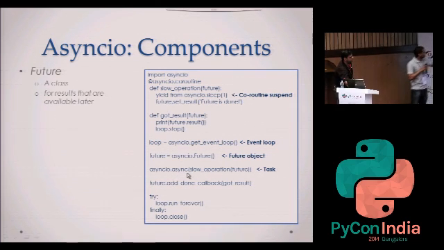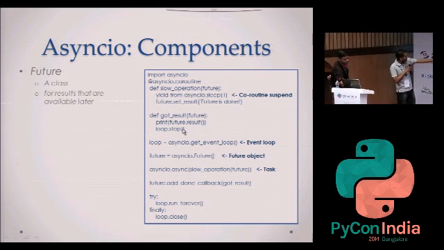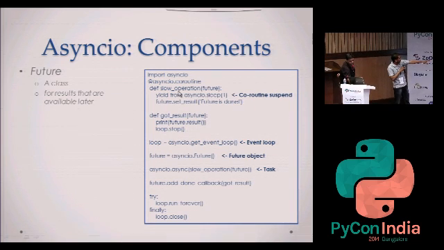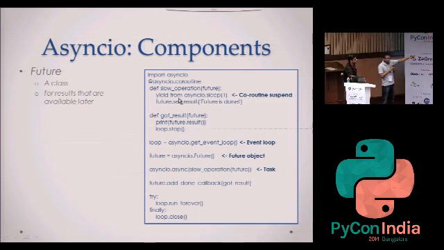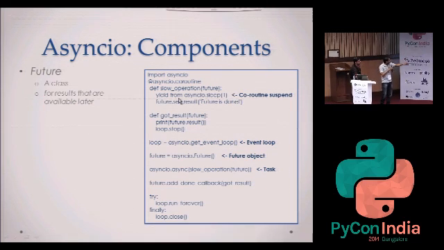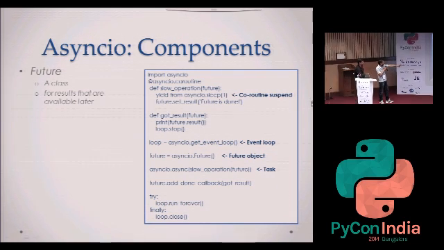That task is actually running a coroutine called slow operation, and we have a yield from statement here. The future object is passed as an argument to the coroutine, and we see future.add done. So as soon as the future is available, we'll call a callback called got result.